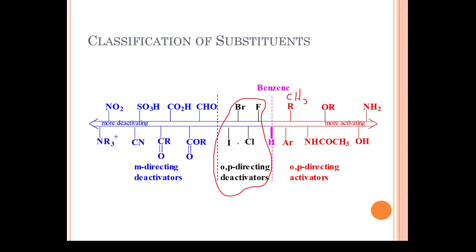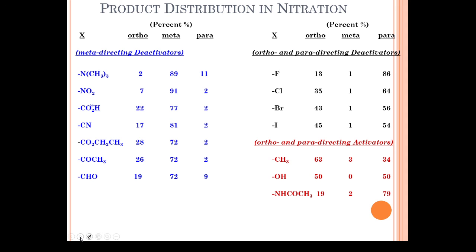Ortho-para activators, more electronegative atom attached to the ring. Meta deactivators, less electronegative atom attached to the ring compared to the rest of the atoms in the substituents. This breaks it down for you to show where ortho-paras are.